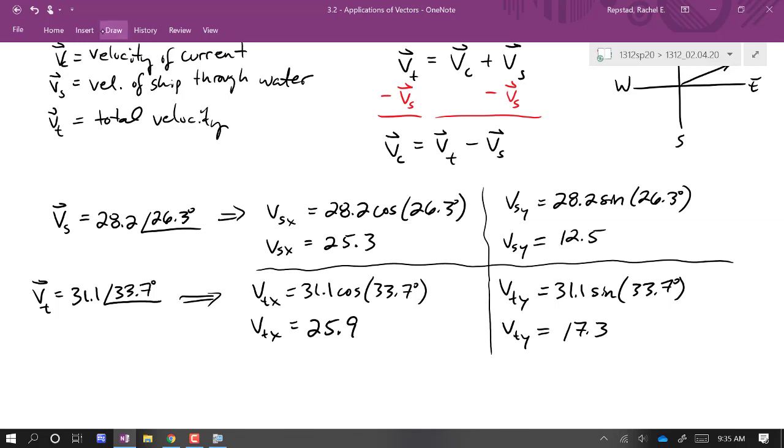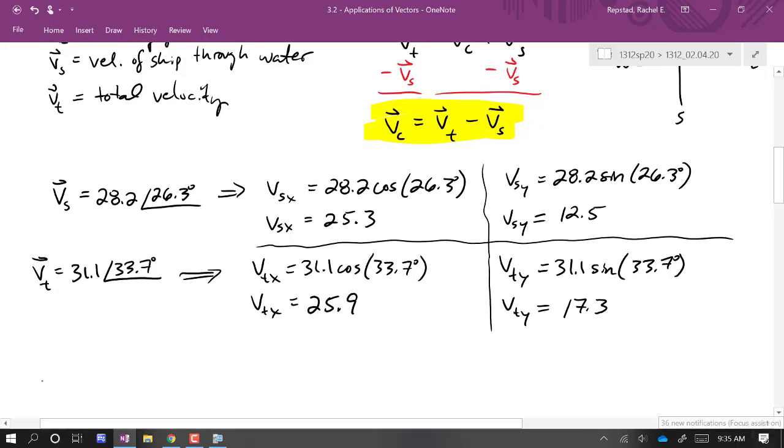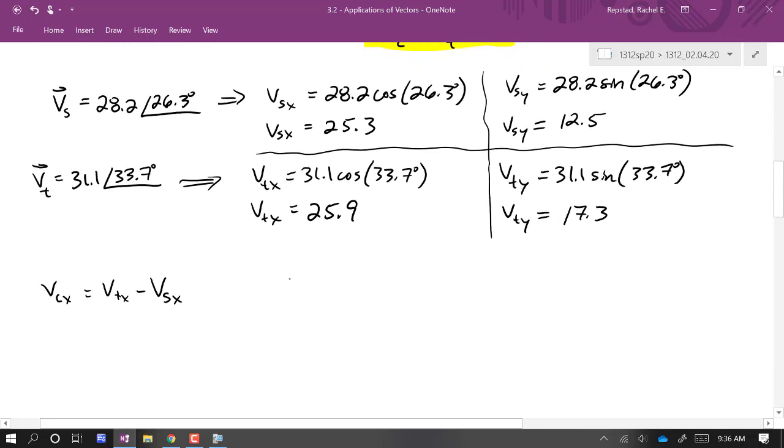Now that we have the components, we'll just do the subtraction, taking our cue from that relationship there. So the x component for the velocity of the current is the x component of the total velocity minus the x component of the velocity of the ship through the water. Similarly for the y component.